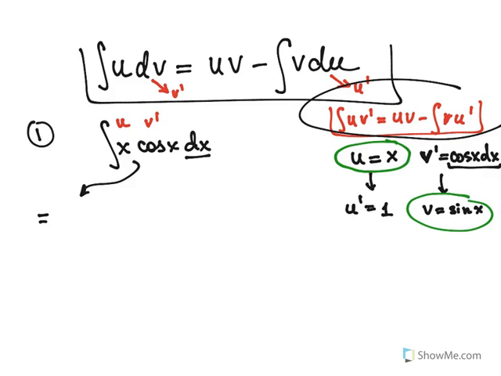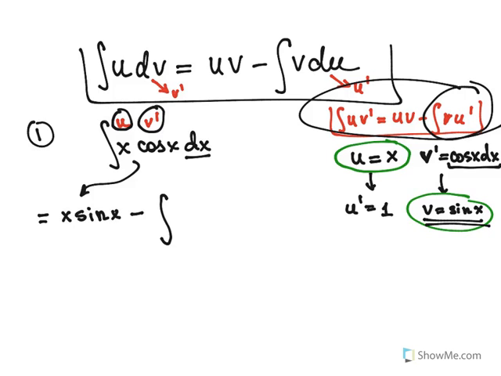You can always circle it. U times v, so it's x times sine of x, minus integral, now look at this, v u prime. So before you had u v prime, now we're going to put v u prime.